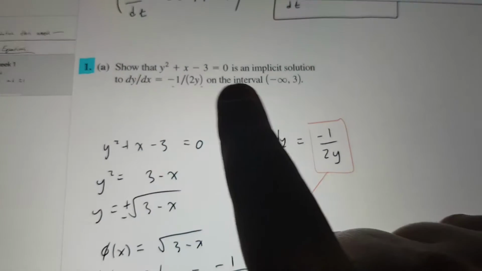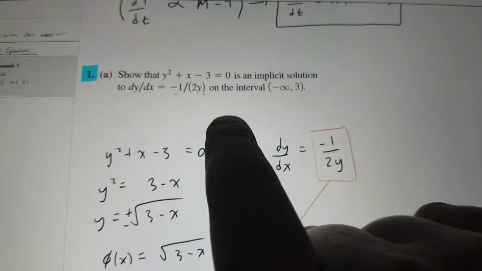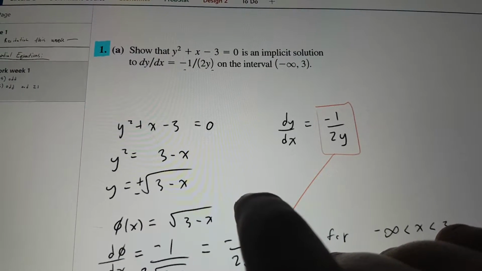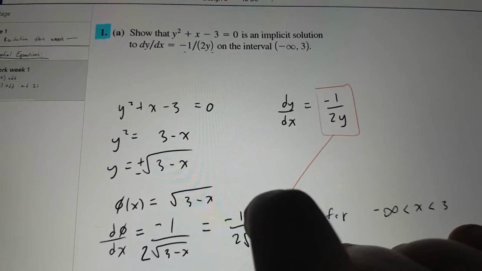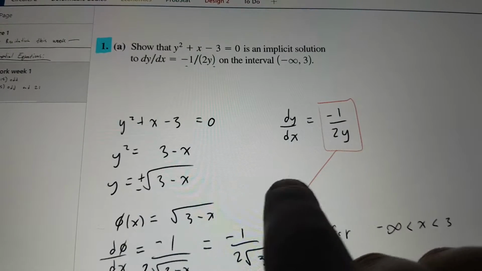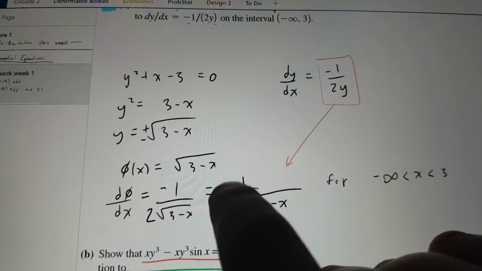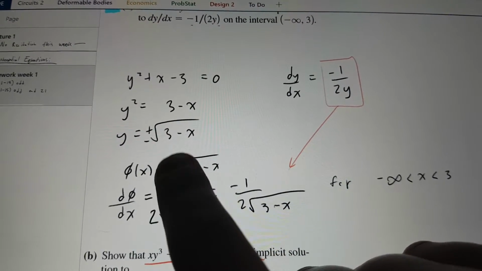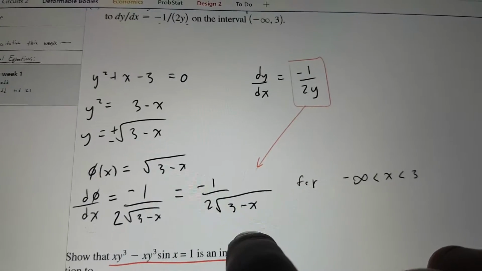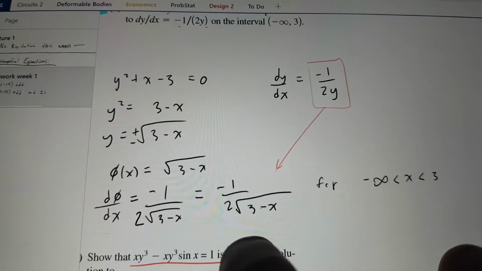So this one here, we want to show that this is an implicit solution from this equals that on this interval. So what we can do is find y, knowing that dy dx is 1 over 2y. So what we can do is we can take the derivative of this and get this, and we say that it's equal to this.